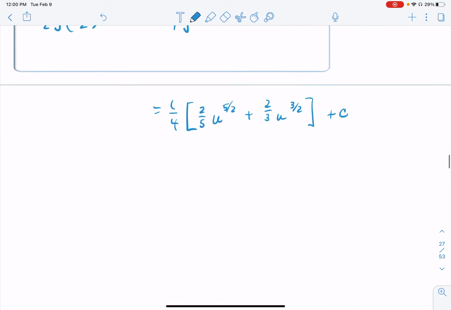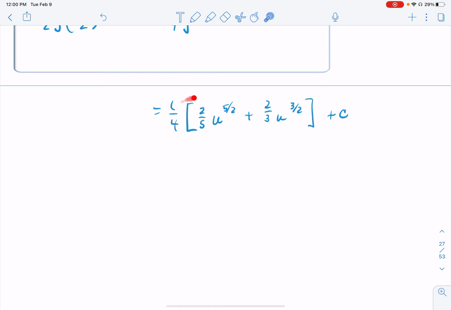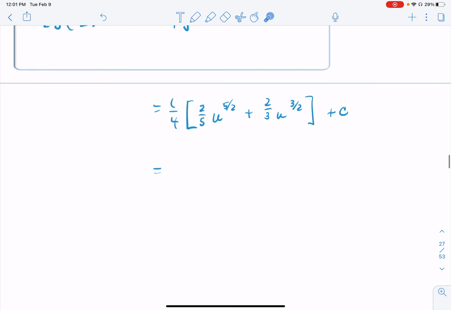Okay, back substitution. And you know what? What we can also do, let's just go ahead and distribute the 1/4 through that. I'm going to do that before I back substitute. You could do it at the same time if you wanted. So when I multiply the 1/4 times the 2/5, a factor of 2 here and a factor of 2 will cancel out. So I'll actually have 1/10.